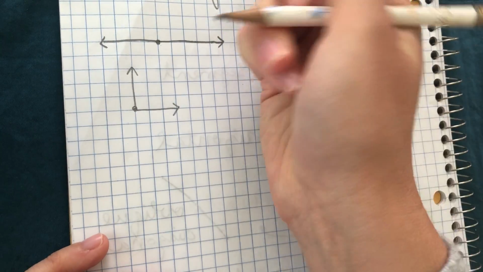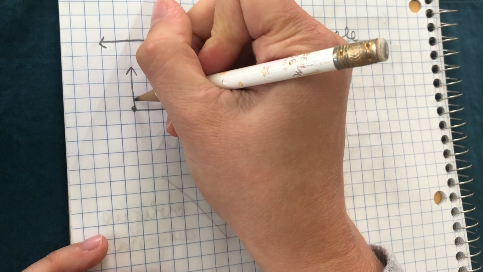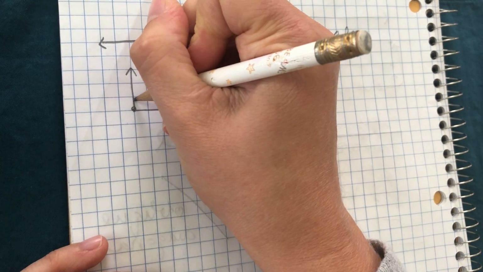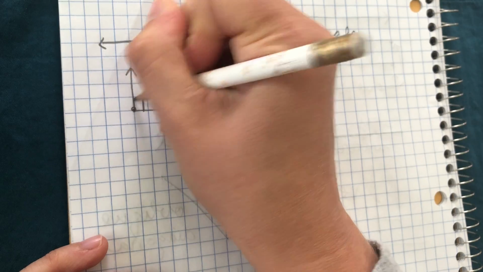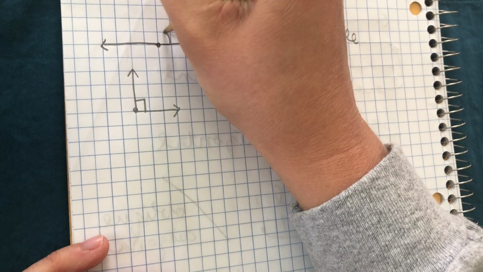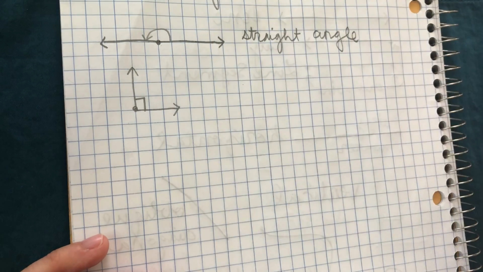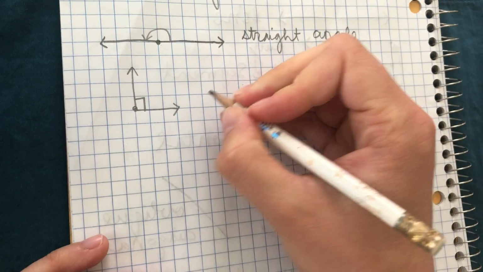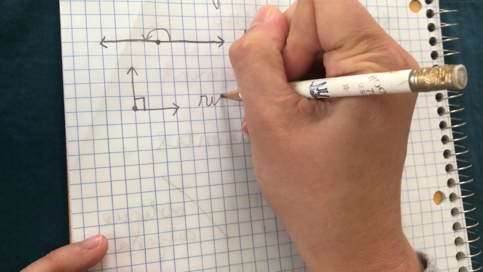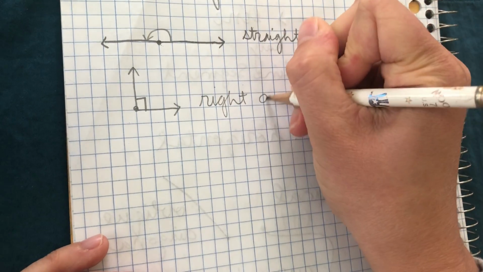One thing you'll commonly see to indicate that it is a right angle is a little square at the corner. This is called a right angle.